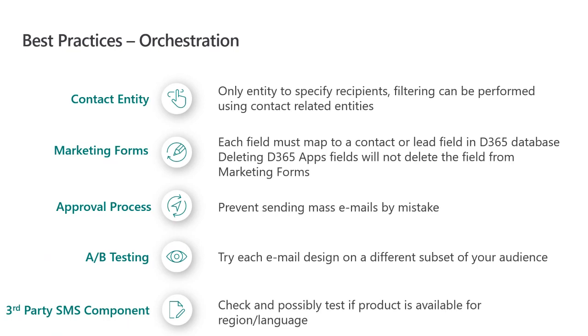So before deciding to use it, just test it out and see whether it complies with your business requirements or not, and then you can use it, or you can decide to develop your own custom tile to send SMS messages.